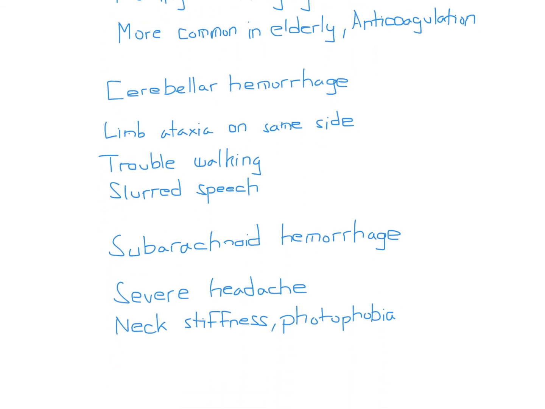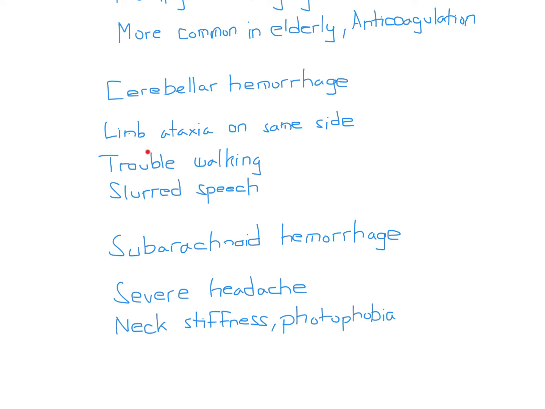Next, we have cerebellar hemorrhage. So the cerebellum is the only one that has same-sided effects. So for example, if you have a hemorrhage in one side, for example the right side, you're going to get limb ataxia on the same side. So in this case, you would get limb ataxia of the right arm and leg if it was affected on the right side.